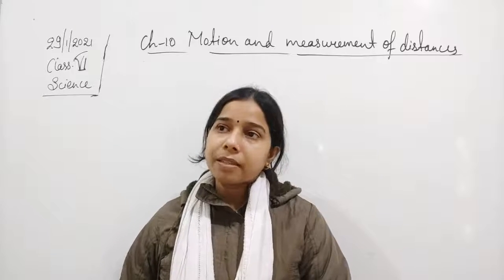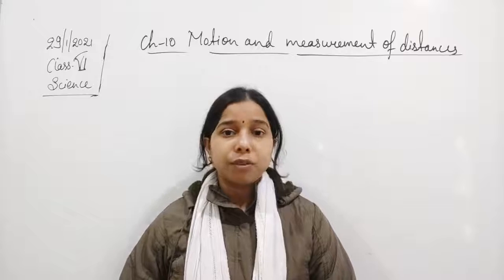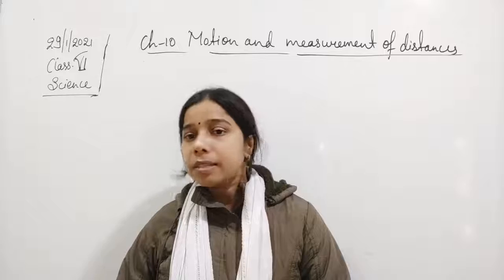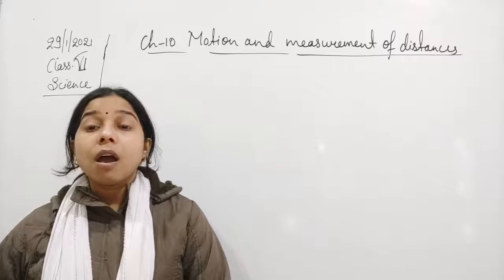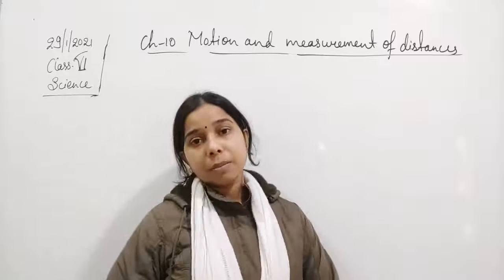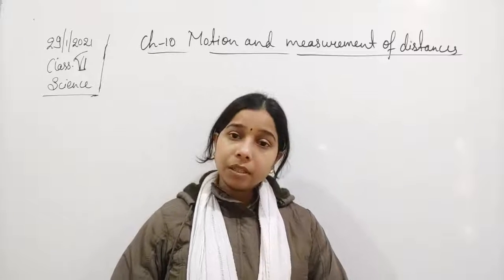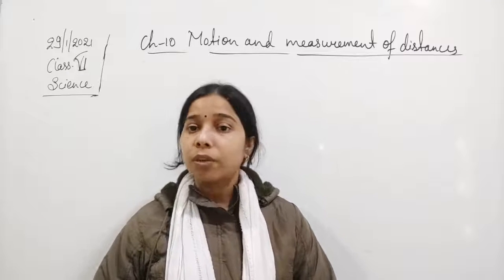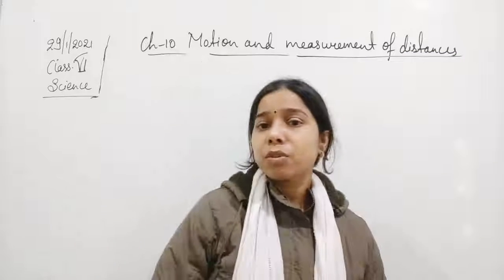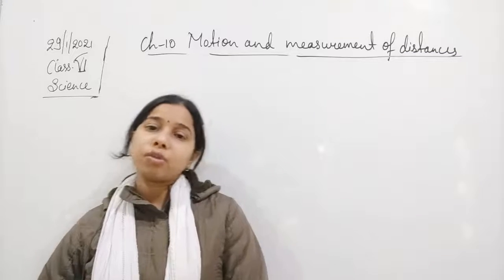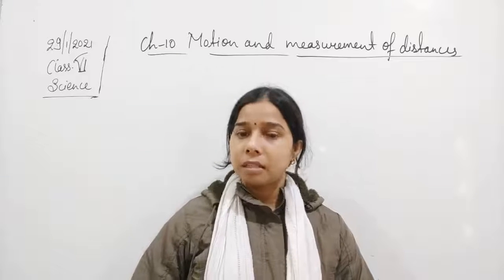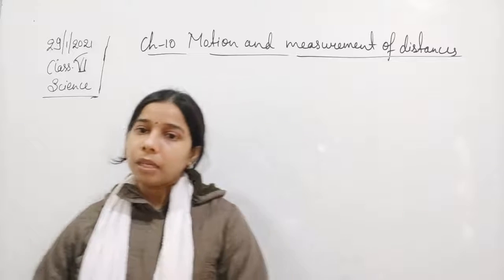Basically, the use of prefixes lets us measure different objects in a very easy way. Meter is the standard unit of length, and 1 kilometer equals 1000 meter, 1 meter equals 100 centimeter, 1 meter equals 1000 millimeter, 1 centimeter equals 10 millimeter. So these are the different conversions that we have studied and that we should know.